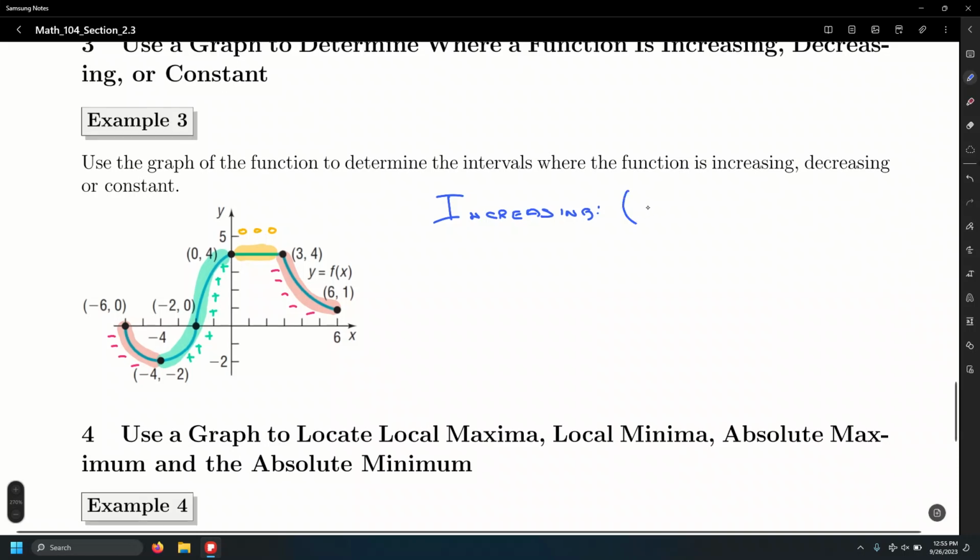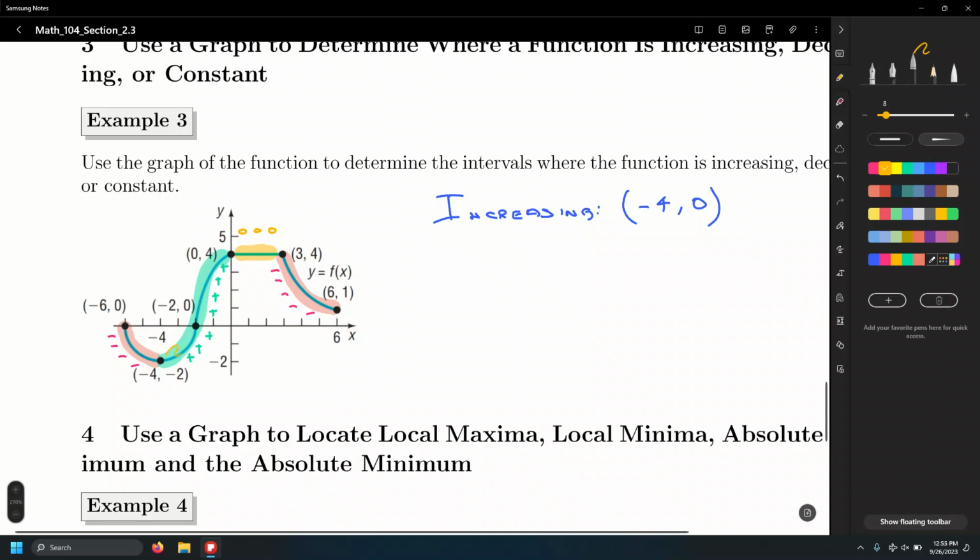And careful, we're going to use parentheses, because if we do the inclusive, exactly at this point right here, it's neither increasing nor decreasing. In fact, it's flat. That's why we don't consider the exact same point, so we leave it only as an open interval. That's the only interval where the function is increasing.